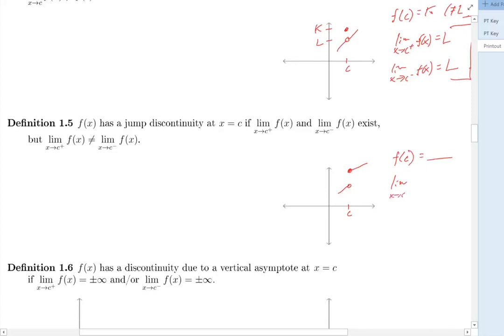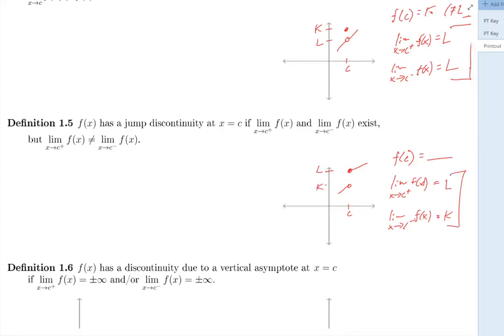But if you find that the two limits both exist, meaning they don't equal infinity, they equal finite values, so let's just call them L and K again. If the limits are unequal numbers, not infinity, but numbers, that's when you have a jump discontinuity. If one of them is infinity, that's when you're going to have a vertical asymptote, okay?